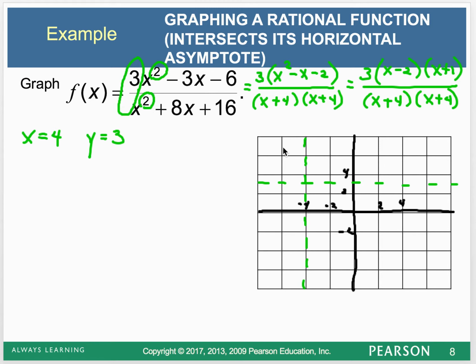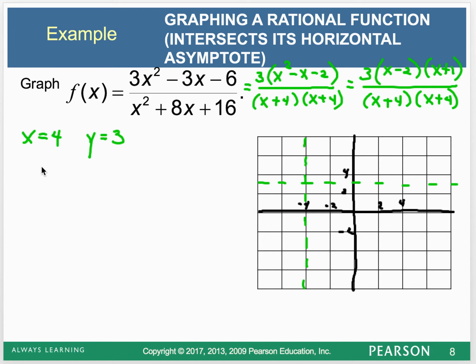The graph's either going to be right here, or right here. I just need a few points. Points I need to start with are my x-intercepts. X-intercepts are when y is 0. What makes a fraction 0 is when the numerator is 0.